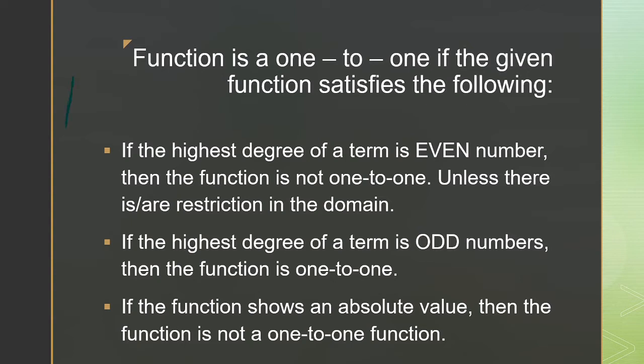For example, we have the absolute value of x. So hindi siya one-to-one function. It is because the equal of this absolute value comes with two different numbers. So we have negative x and then the positive x. So therefore, this is not a one-to-one function because yung input natin, meron tayong dalawang kalalabasan na output.